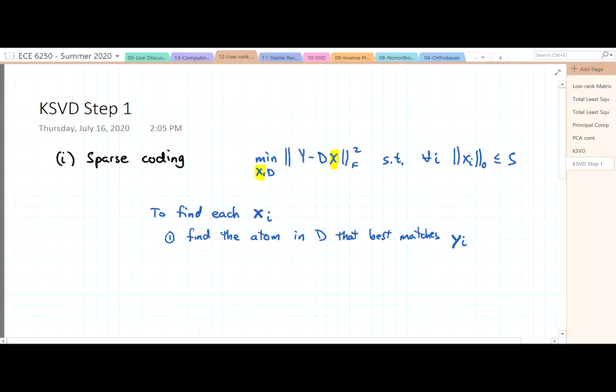That's it. How do we do this? We do this with just a projection. Some sort of a normalized inner product will tell us which one fits best.